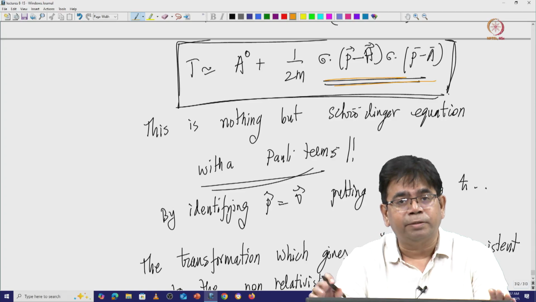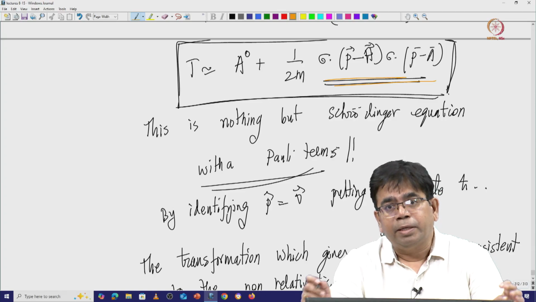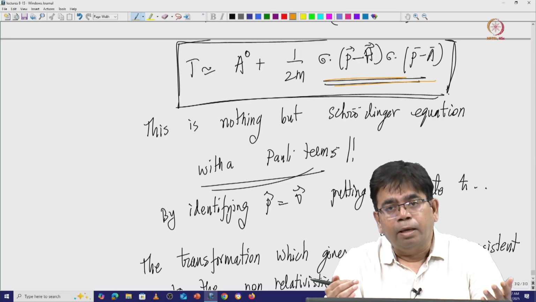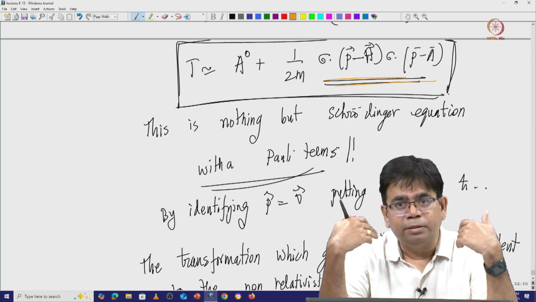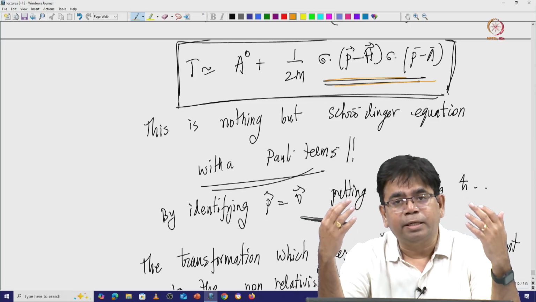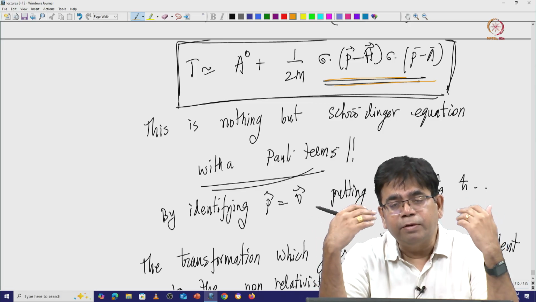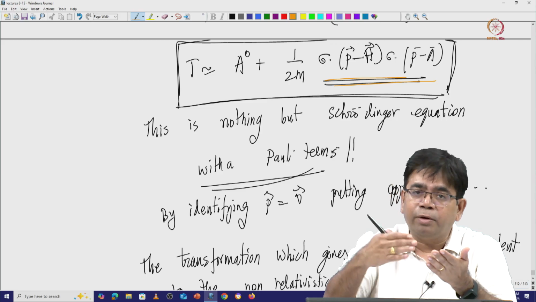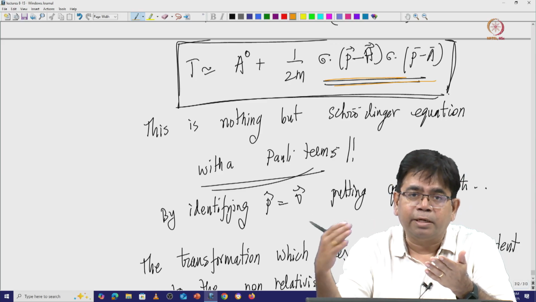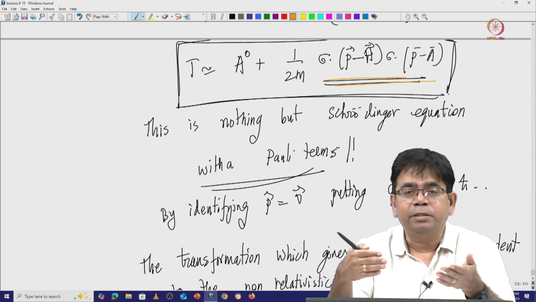I am not saying this does not work, but it does not bring in all the features of the 1 by m terms. If you want to do higher order, step by step relativistic corrections to this system, this is not the best way.